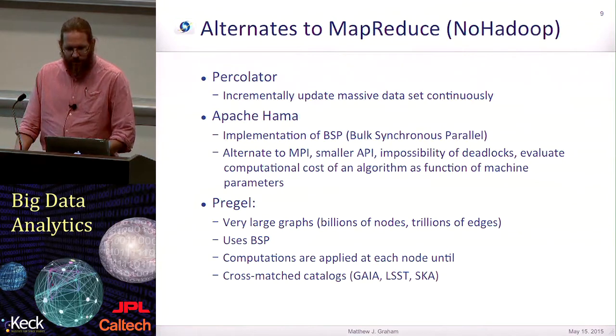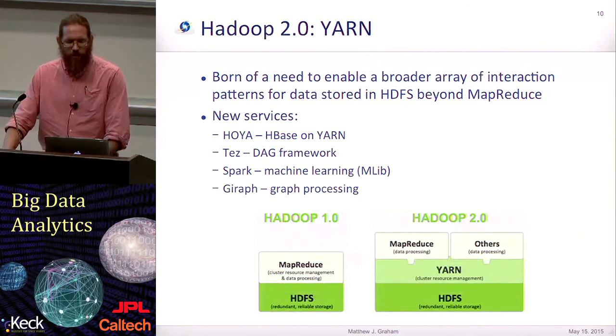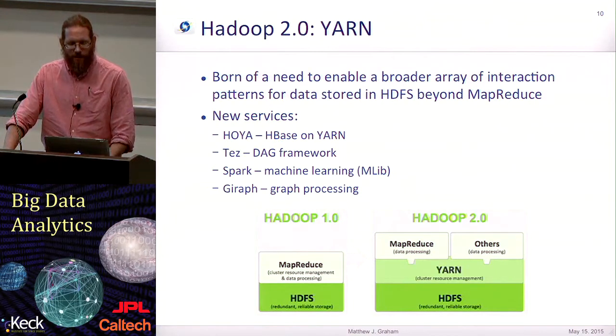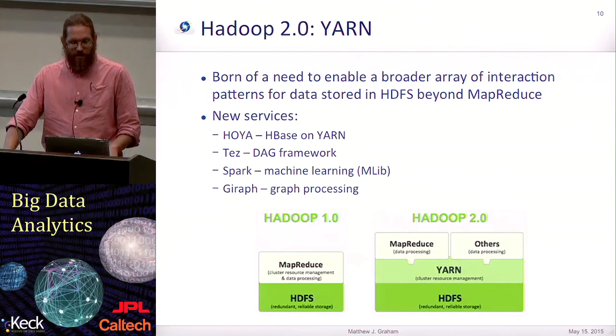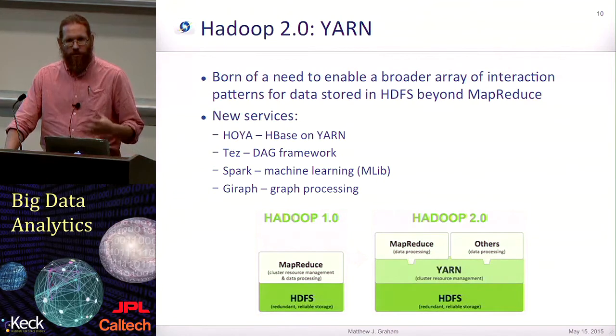Another way that has come up more recently is the second generation, or the next generation, of Hadoop, which is called Yarn. This came out of a realization that the Hadoop infrastructure was maybe a little limited in what it was offering to work with complex and massive data sets, because it was only allowing you to do the MapReduce algorithm, and maybe there are other approaches or interaction patterns for data which allow you to do your calculation more efficiently.